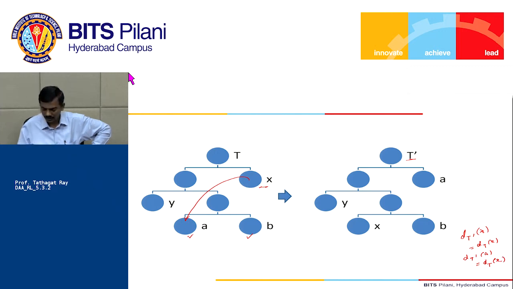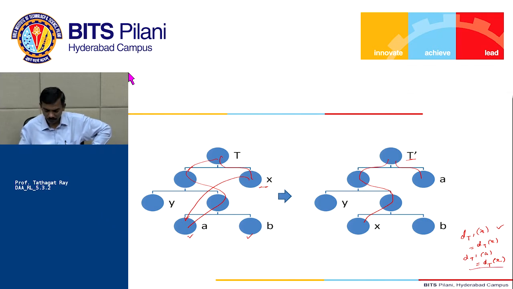Fine. Depth of x in T prime is 1, 2, 3. Depth of A in T is 1, 2, 3. So that holds true. Depth of A in T prime is nothing but 1. Depth of x in T is nothing but 1. So that also holds true.